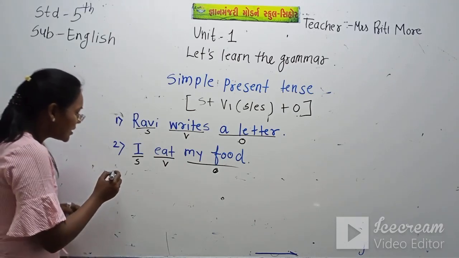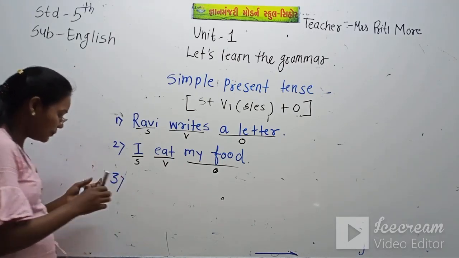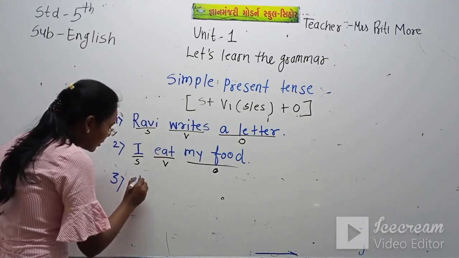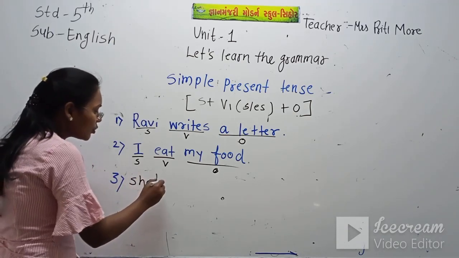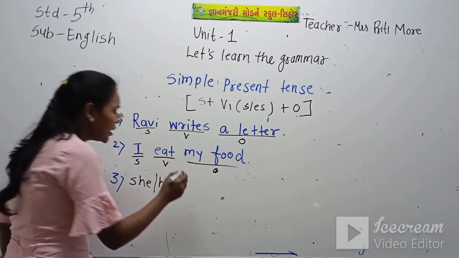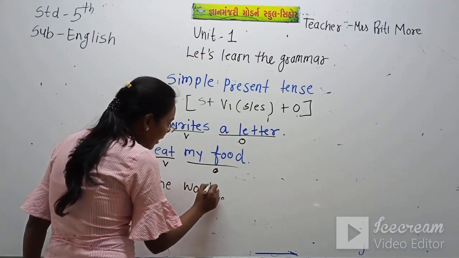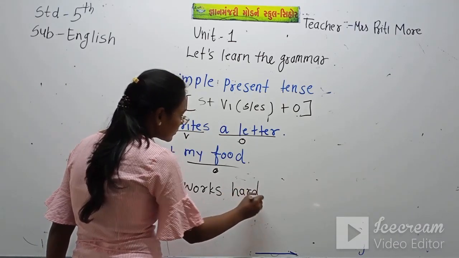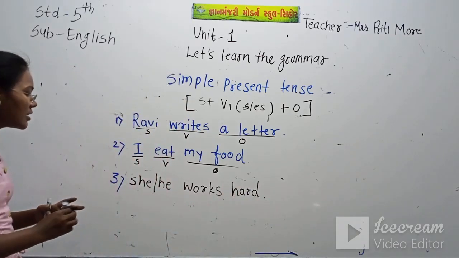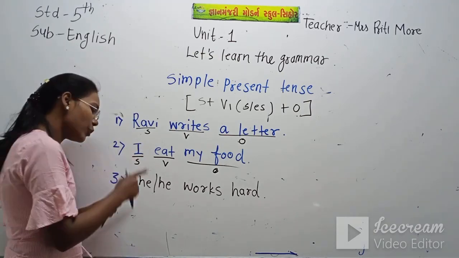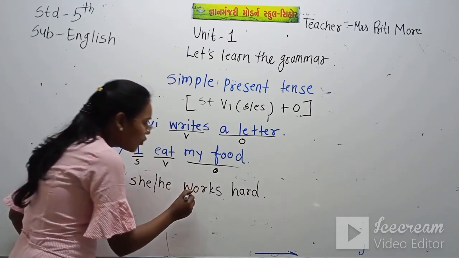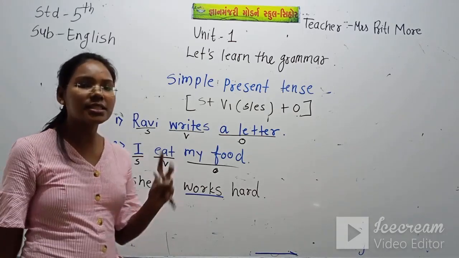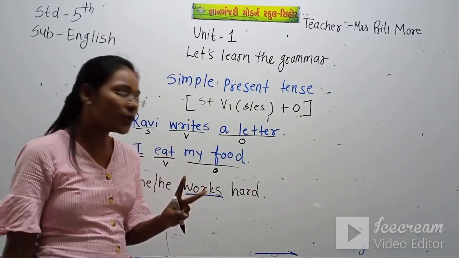Now again, let's see another example. She or he works hard. Now see here, we have taken two subjects. You can write she or he works hard. I add here s because she and he, both subjects are singular.